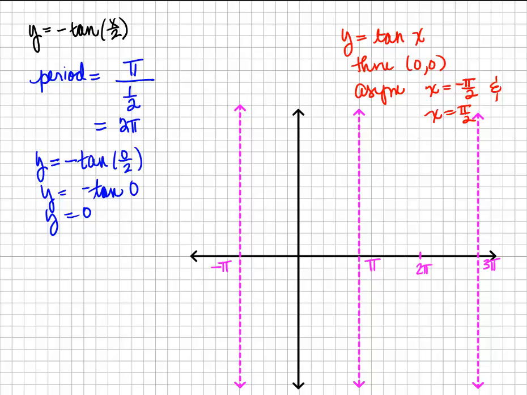So normally your tangent graph goes like this, right? Passes through the origin and then it increases. So this blue graph that I've got sketched in here, you can tell why I always cheat and use the online graphing calculator.